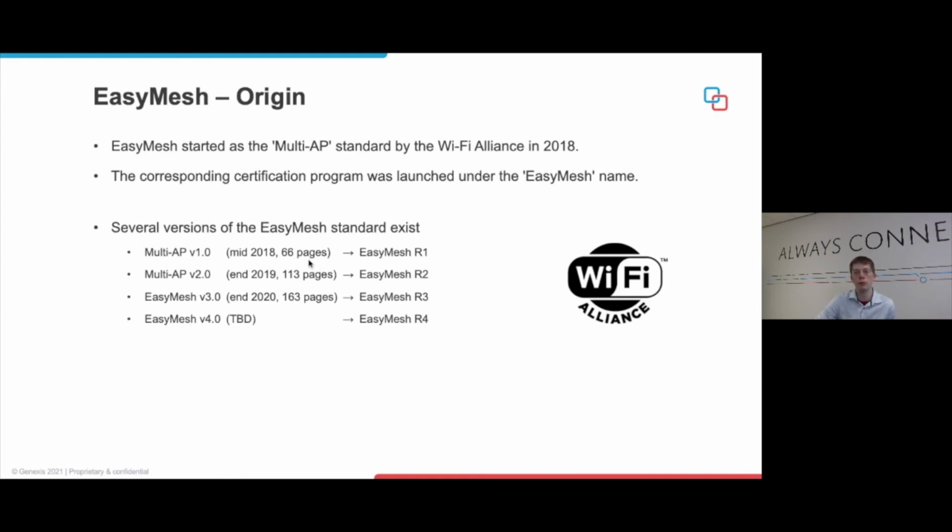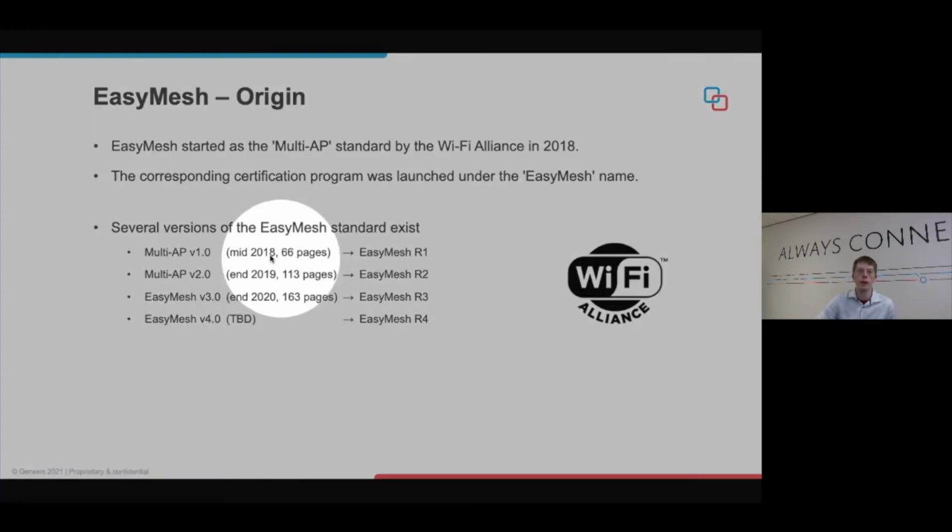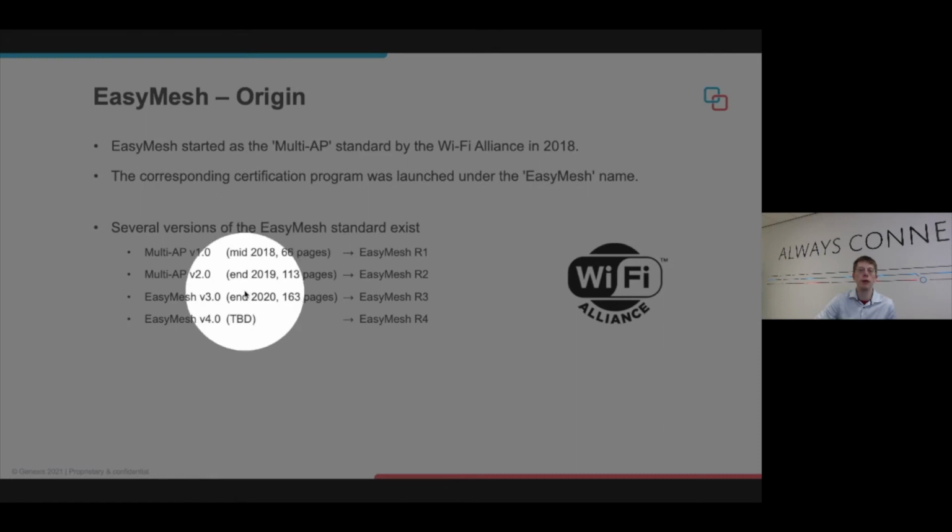It's a very good name. It sticks. And to bring some order in their way of working as well, they renamed the standard officially to EasyMesh as well. So now we can just talk about EasyMesh. We don't have to worry about it. What you can also see here is that the releases come about every year or so, and you can see that they've been growing.